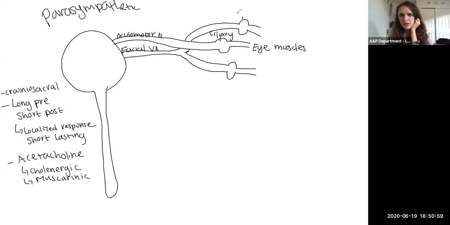Your first one is your pterygopalatine ganglia. Your second one is your submandibular ganglia. Okay, so facial nerve branches into pterygopalatine and your submandibular ganglia.